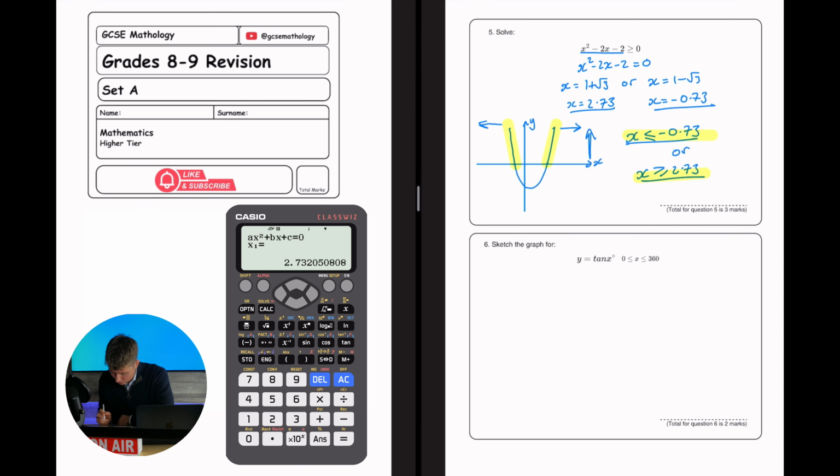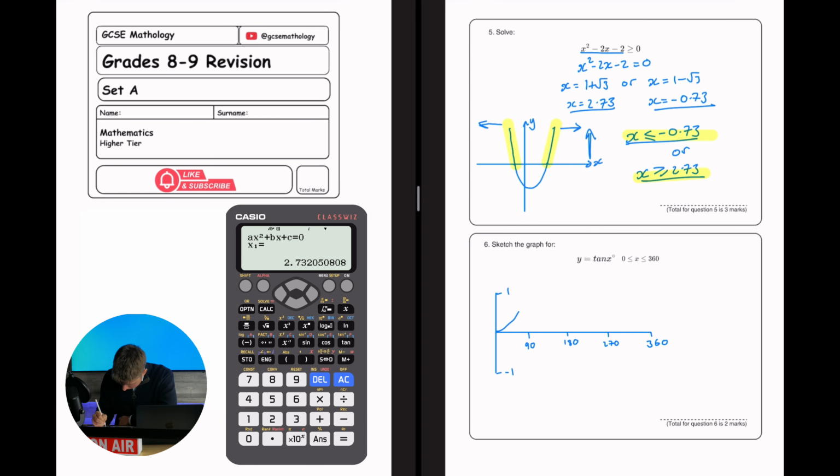Question 6 says, sketch the graph for y equals tan of x between 0 and 360 degrees. So first I'm going to draw the axes. It goes between 1 and -1, and the important points are 90, 180, 270 and 360.